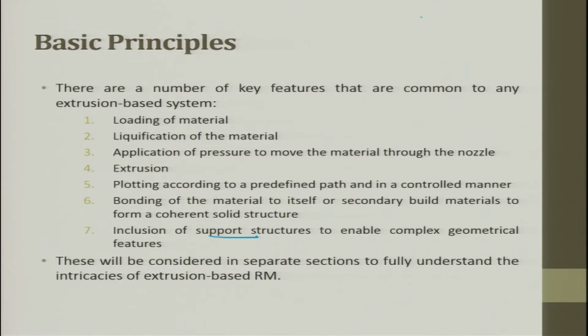Supporting structure, as I told you last class itself, if you have a free hanging body, this free hanging body will be held by a supporting structure. Okay. So these are all the common key features which are to be thought of when we talk about extrusion process. These will be considered in separate sections to fully understand the intricacies of extrusion based rapid manufacturing process.